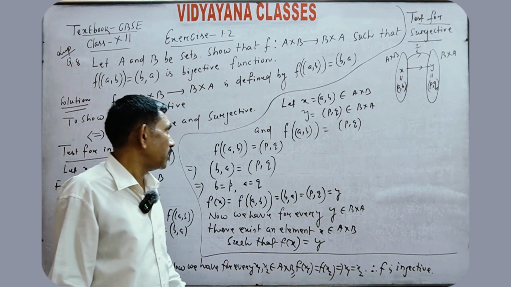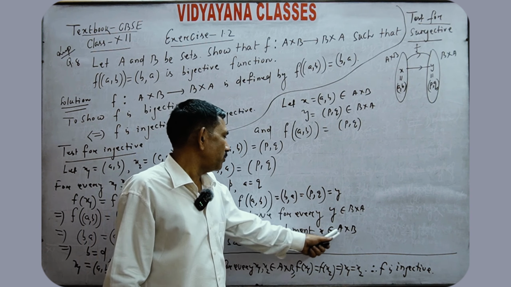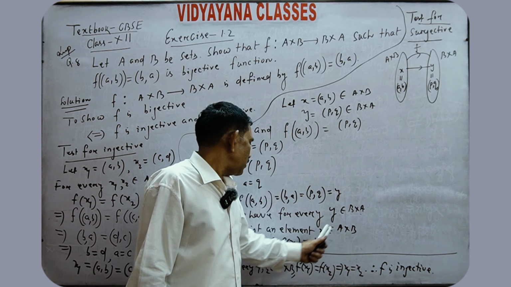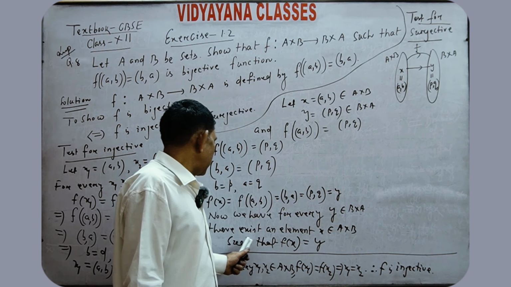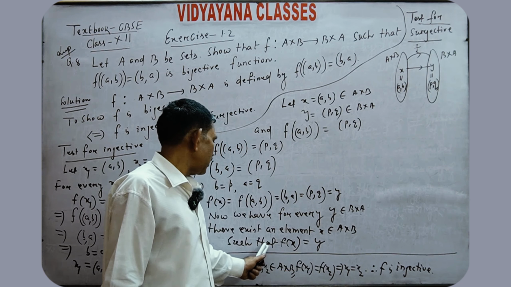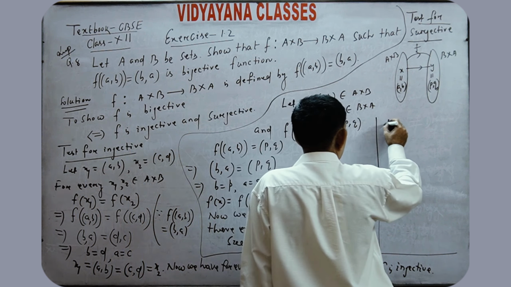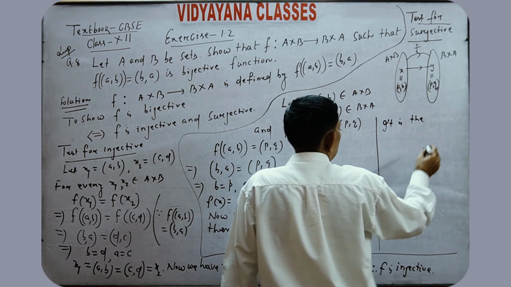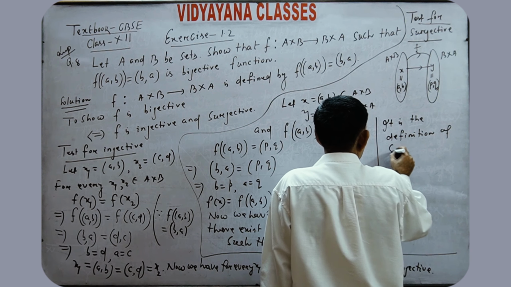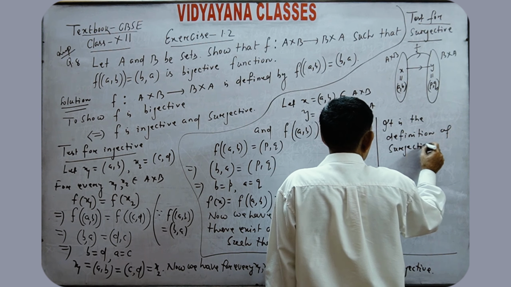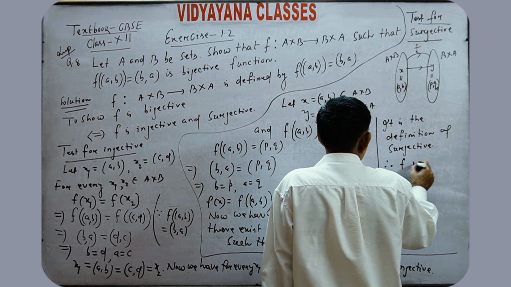For every Y belongs to B cross A, that means the codomain of F, there exists an element X belongs to the domain of F so that Fx is equal to Y. It is the definition of surjective. Therefore, F is surjective.